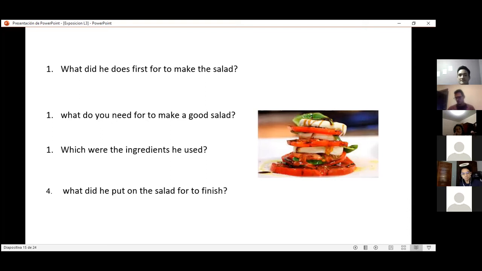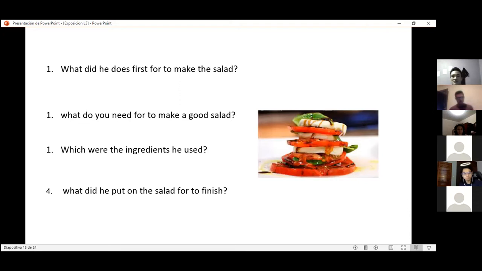Tomato and, I don't remember, the dark sauce. Well, he says when he began the video, he needs fresh ingredients to make a good salad.